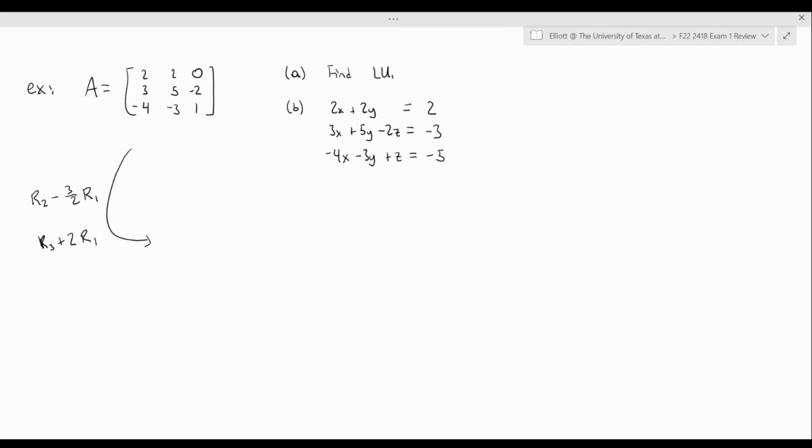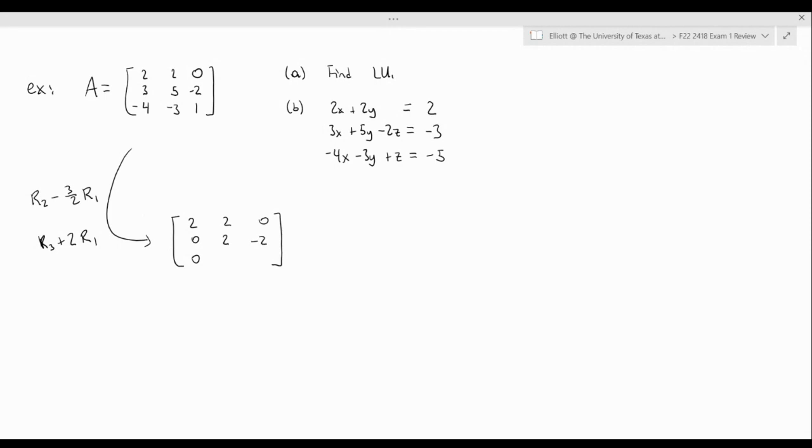And so that's going to give us 2, 0, 0 in the first column. And then let me see, row 2 minus 3 halves of row 1 is going to be 5 minus 3 is 2. -2 minus 0.